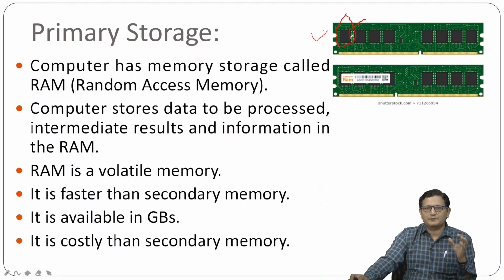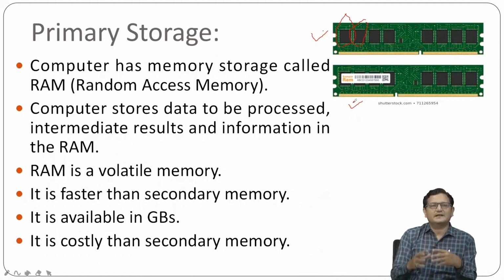This black portion, whatever is there on this small board, is known as an IC. They are integrated circuits, right? So this type of memory which is made from ICs or integrated circuits, made from electronic circuits, is usually your primary memory, right?